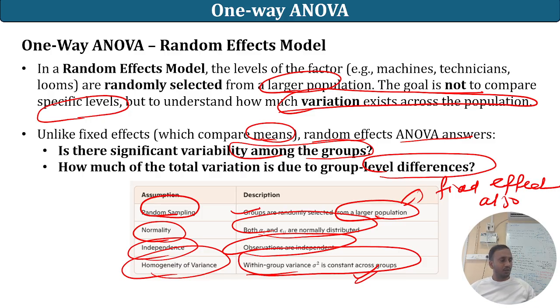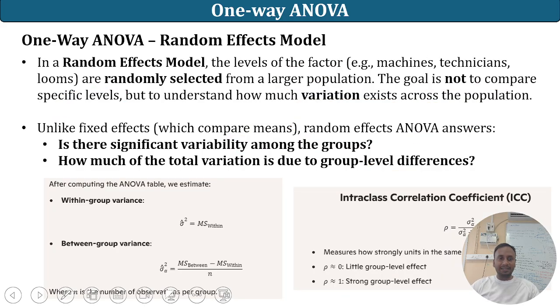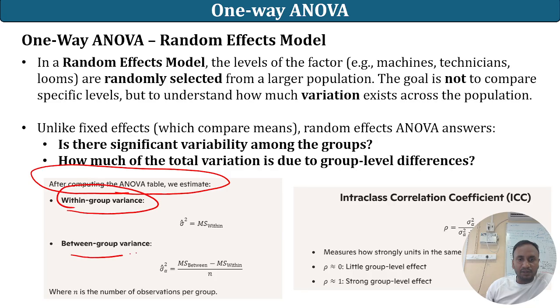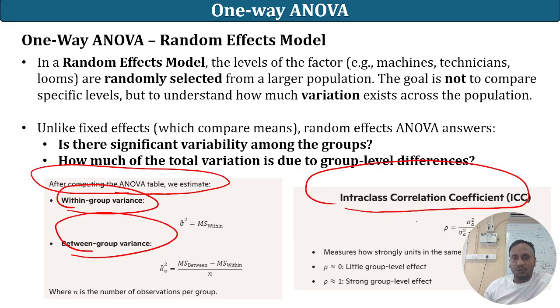Okay. So I think we'll solve one problem actually. In that case, the formulas till the ANOVA table will all be the same. Only thing we have to find out is the within group variance and the between group variance, that's all. Then the intraclass correlation coefficient. The within group variance will be the same as what we calculated.